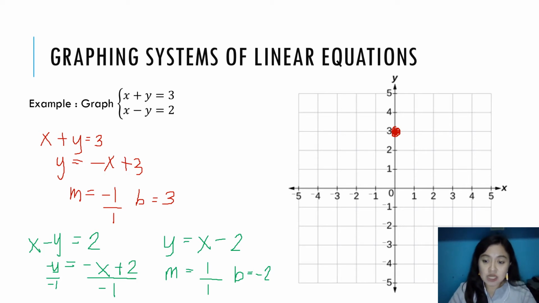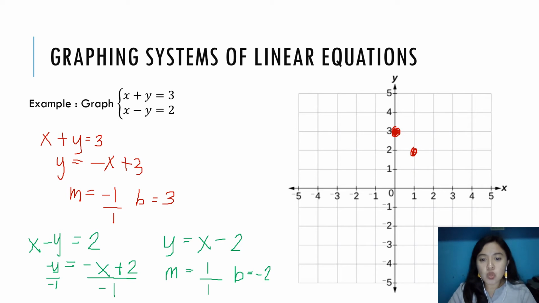Since it is negative, we have to go down 1. Since our denominator is positive, and the denominator is the change in the x-axis, we go 1 unit to the right. So, meaning, here is our next point.